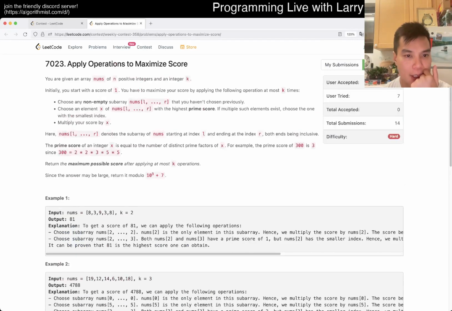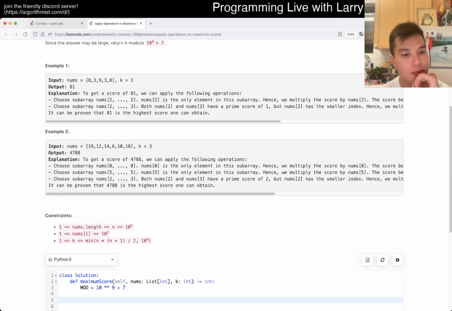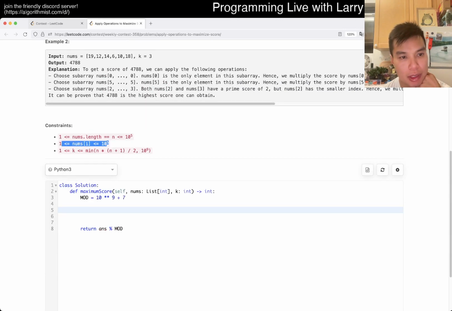Okay, so we keep on taking care of indexes. The prime score is the number of distinct prime factors of x. And that means that we should do whatever first.